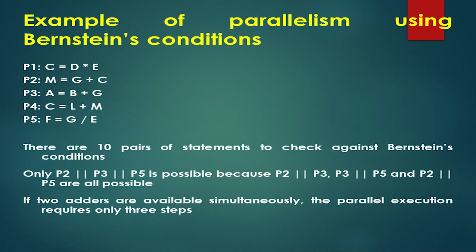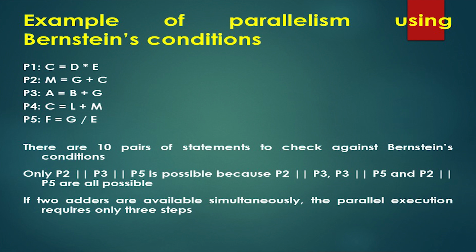After analyzing these statements using the Bernstein conditions, only P2, P3 and P5 can run in parallel because they are all independent. But P1 and P4, and P1 and P2, cannot be executed in parallel.